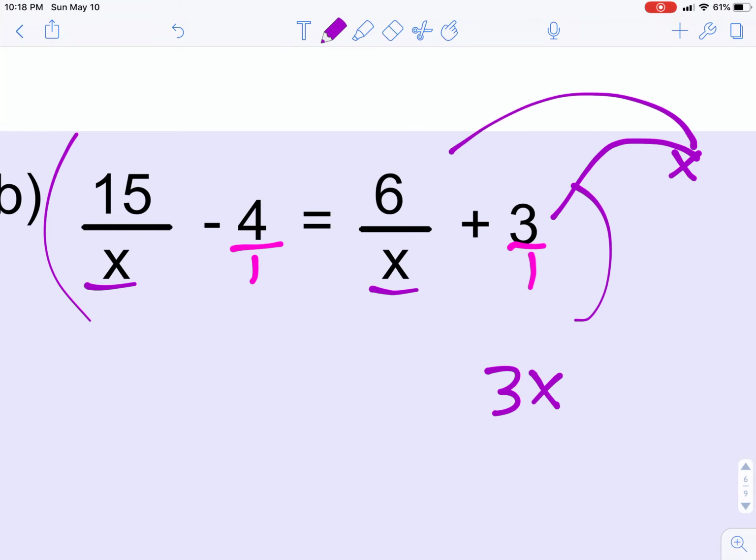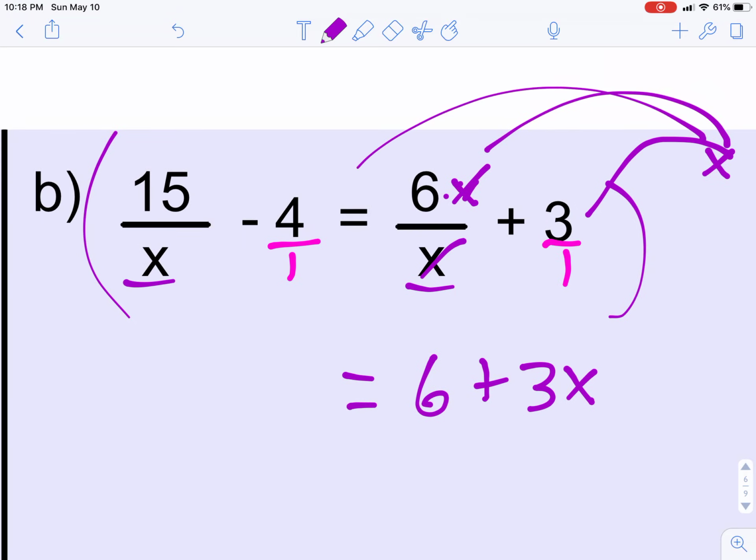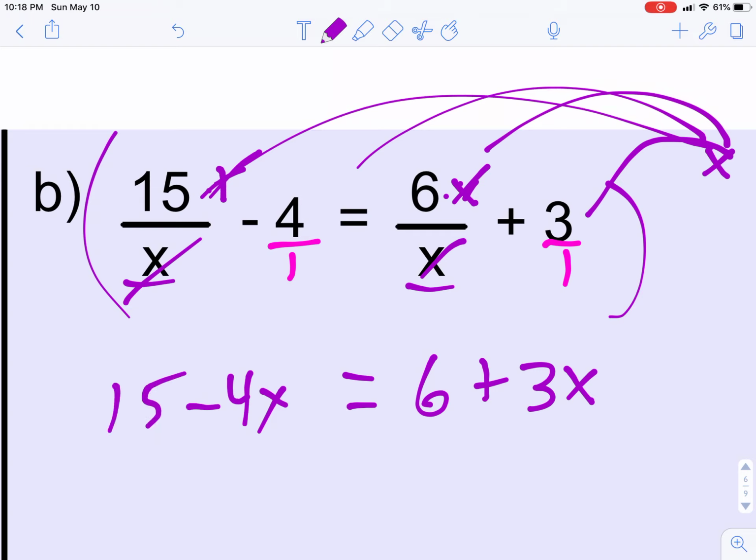Okay, when I multiply this one by x, the x's cancel out. Distribute here, minus 4x. Distribute it all the way over here. Again, the x's cancel out. We're left with something that looks like this.